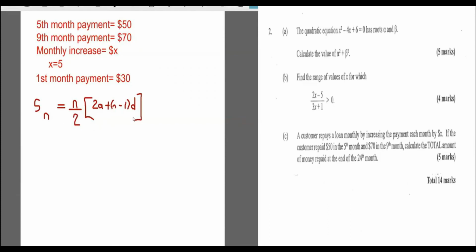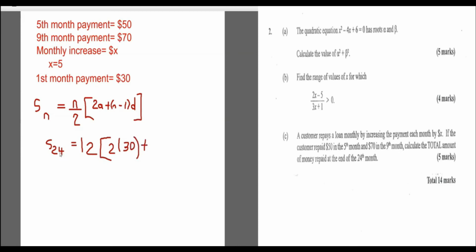All right, so this is the formula for Sn, and you can replace n with 24 because it wants the total amount that you're going to pay for 24 months. So S24 is equal to 24 over 2, which is 12, times 2 times A. A is the first monthly payment, which is 30, so 2 times 30, plus n minus 1.